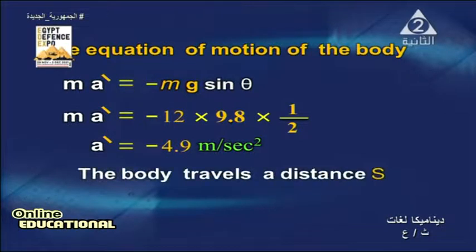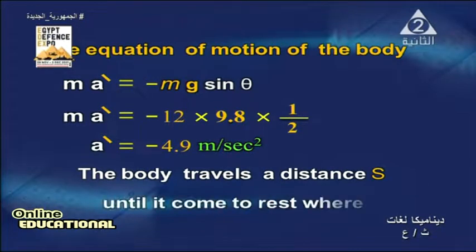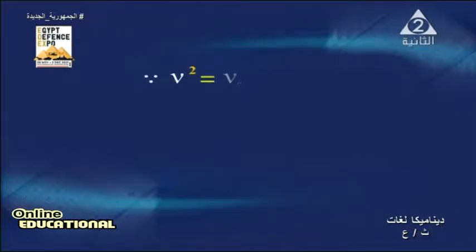The body travels a distance s meters until it comes to rest, where v squared equals v naught squared plus 2a dash s.